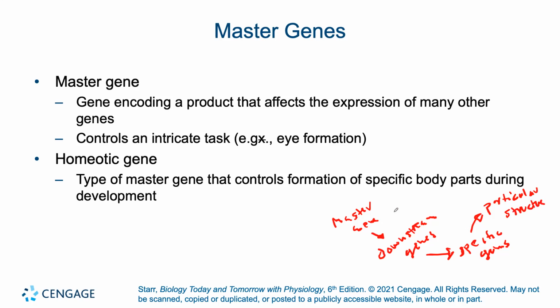Okay, so a master gene encodes a protein or proteins. They affect the use of these downstream genes because they act as transcription factors. Those proteins that they encode control specific genes, and then that leads to the production of a particular structure. So if we change here, we're going to lead to changes here and here as well, and finally here. Okay.